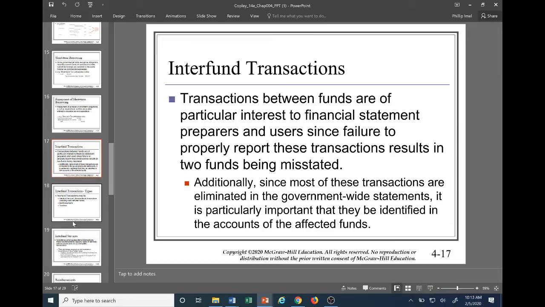To make sure the government-wide statements are accurate, we need these entries taken care of within the governmental funds, because just like in the for-profit sector, intercompany transactions between a parent and a subsidiary have to be eliminated to get a true economic understanding of where they're at. Same thing here with interfund transactions. They need to be accounted for and eliminated before government-wide statements are prepared. So that's why it's of particular interest to both the preparers and the users. Make sense?